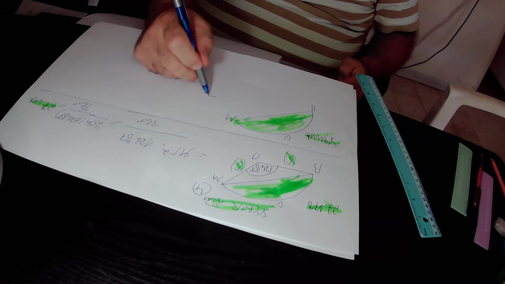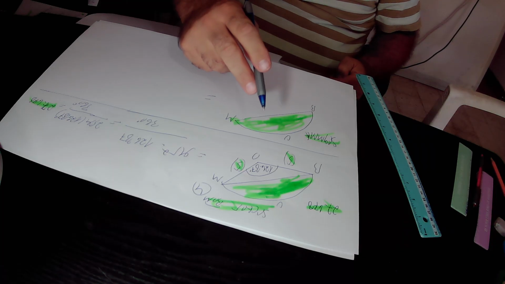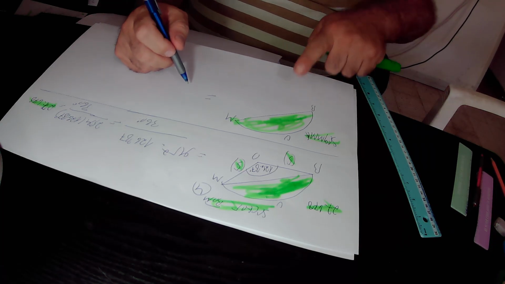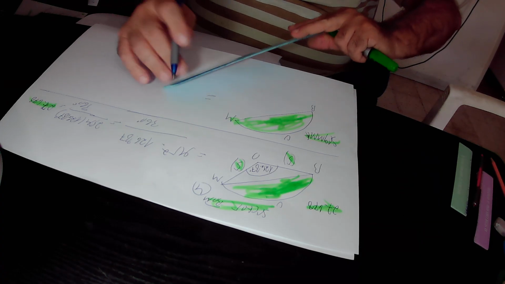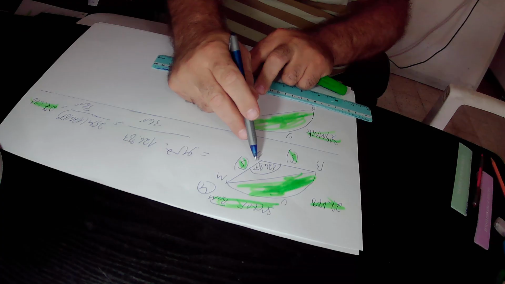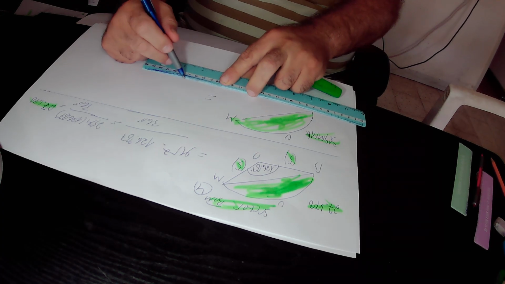And therefore, the area of segment BUM will be equal to the area of sector BOM minus the area of triangle BOM.